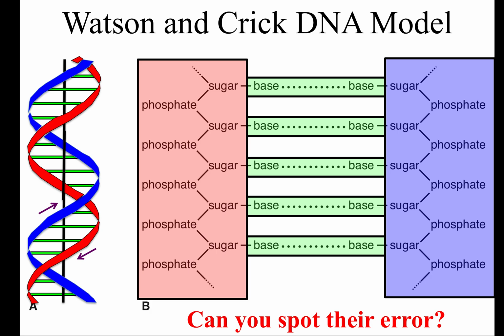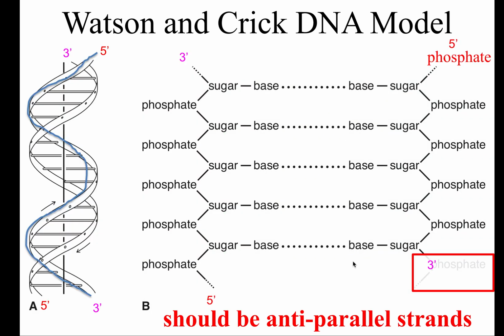But even in their first paper where they described this model, they made a mistake, and that is that they didn't recognize that the two strands are anti-parallel. What that means is if this is the 5' end of this strand, and this is the 3' end of that strand of DNA, then the other chain that is attached to it is in the opposite orientation.